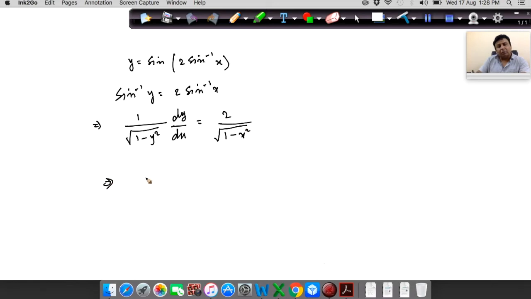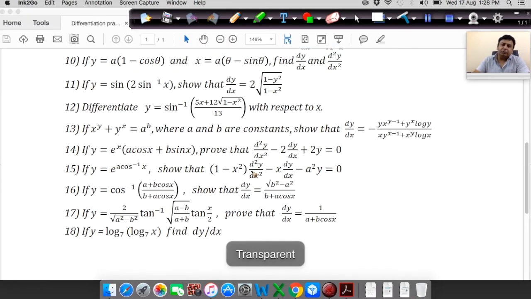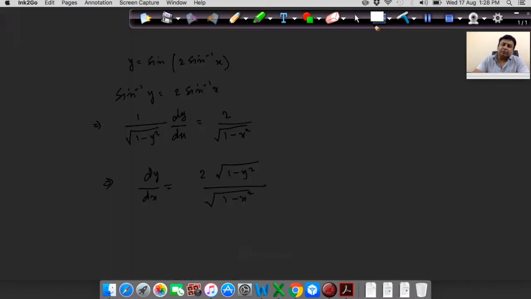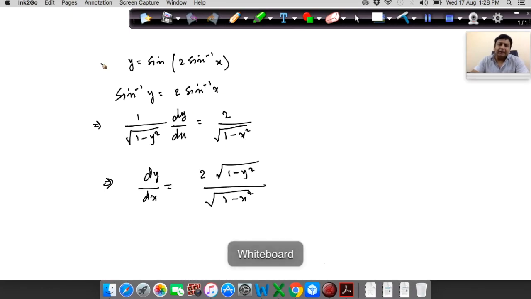That whole long sum got converted into a simple solution. Proved. This is what you have to get. Fine. So just shift sine to that side and differentiate. See, always look at what you have to prove, and you can move accordingly.